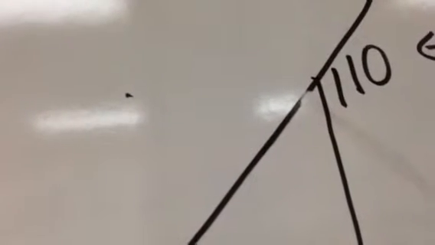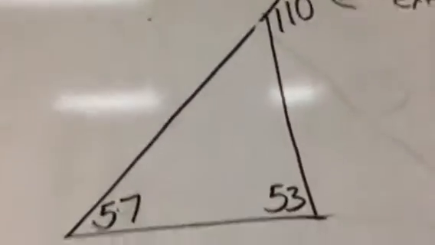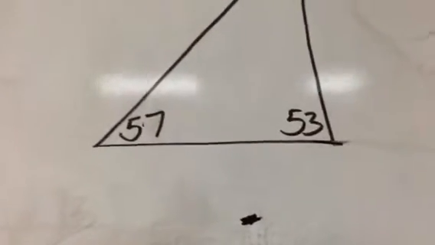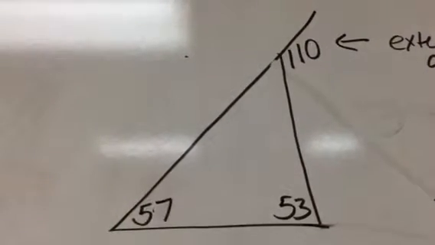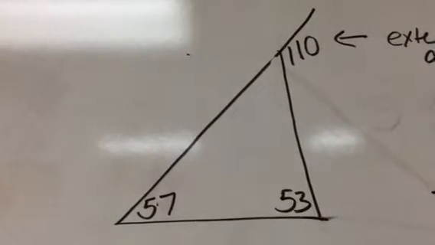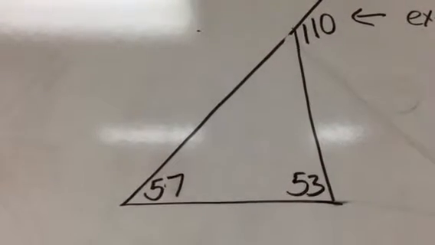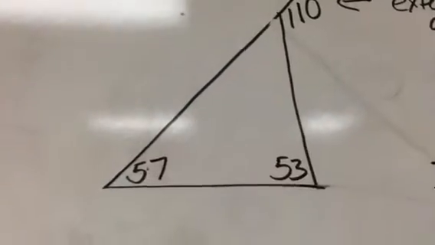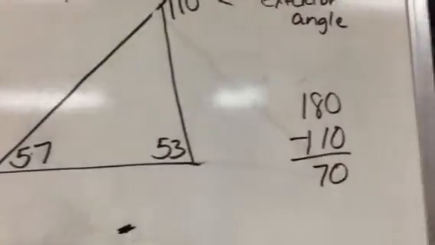We know that angle is 70 degrees because it's supplementary to 110. But these two angles, 57 and 53, added together equal 110. So the two angles that are not adjacent to the exterior angle of a triangle add up to the same number as the exterior angle.